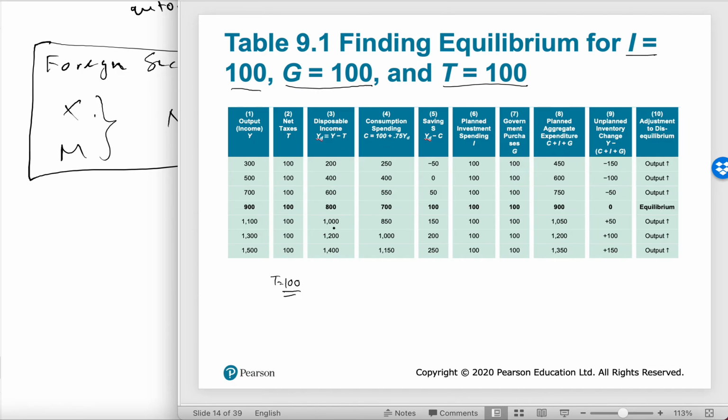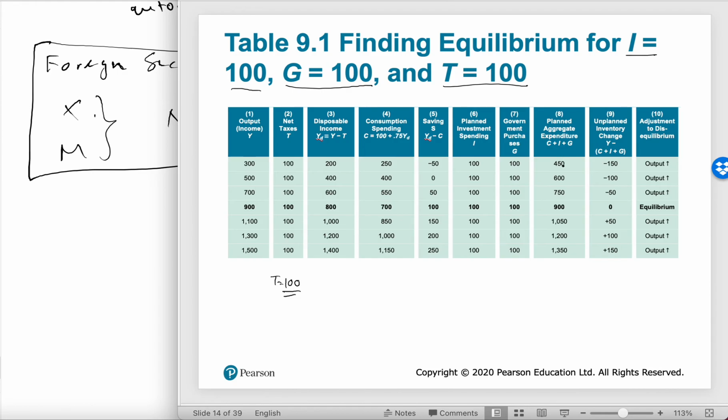And as the disposable income changes, this also changes. And then the saving would be disposable income minus the consumption. So this is the saving. Planned investment, as is assumed, is 100, and planned government spending is also 100, and therefore the aggregate expenditure C plus I plus G is this column.